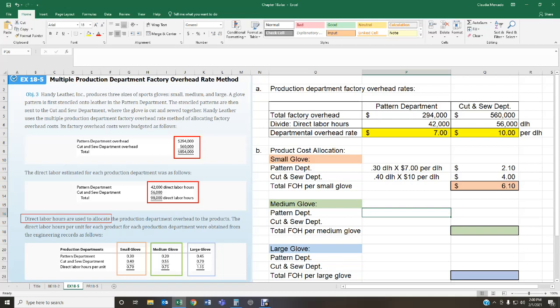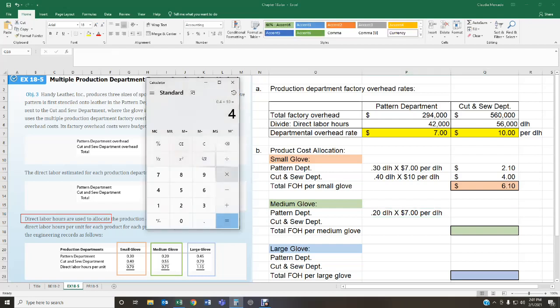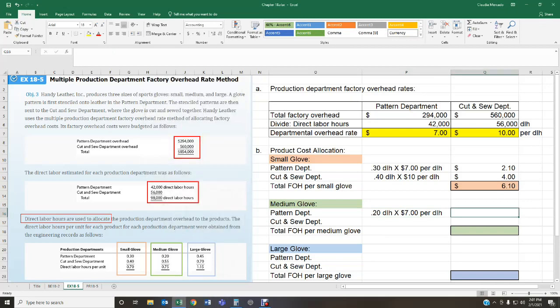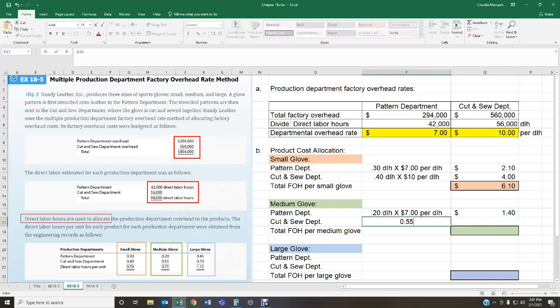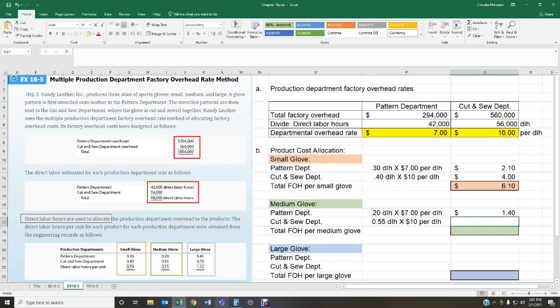So for example, for the medium glove, it takes me 0.20 direct labor hours. I'm going to multiply that by the $7, which does not change. It's $7 per direct labor hour, and I'm getting the $7 from letter A. That gives me 0.20 times 7, which is $1.40. Now for the cut and sew department, it takes me 0.55 direct labor hours, and I'm going to multiply it by my $10 per direct labor hour.